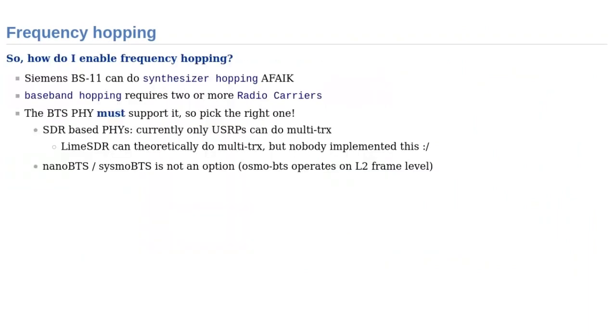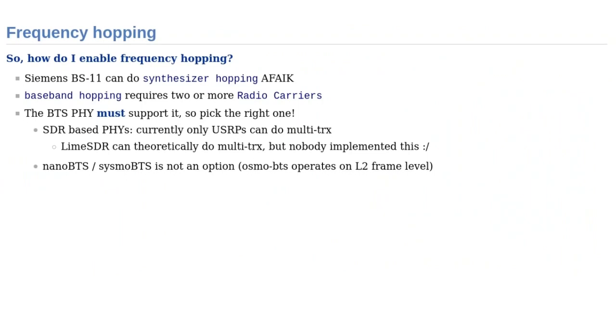And what do you need to do if you want to have frequency hopping? You first need to make sure that your radio supports it. If I remember correctly, the BS11 can do synthesizer hopping, and for baseband hopping, you need 2 or more radio carriers, and the PHY itself, the BTS, must support hopping.